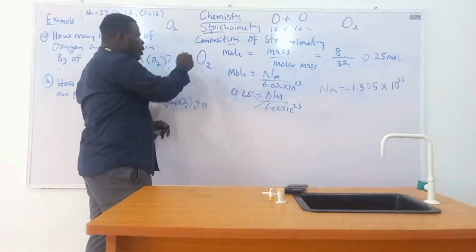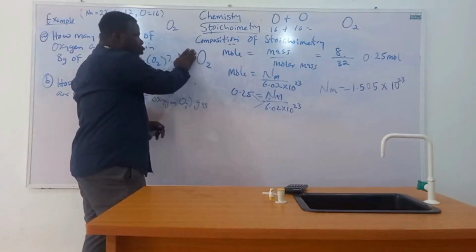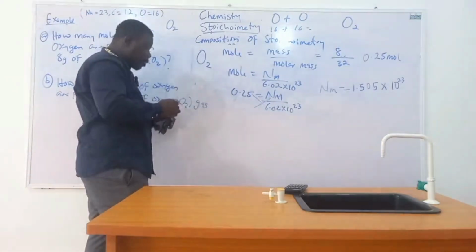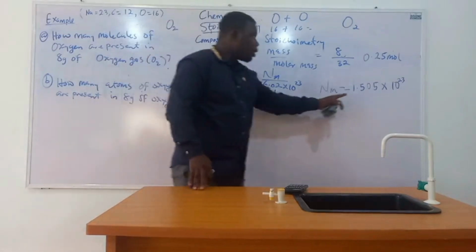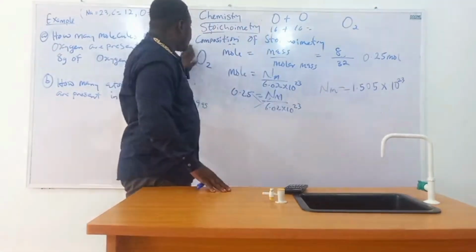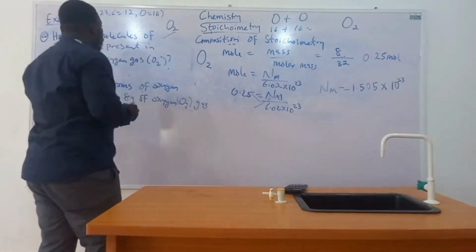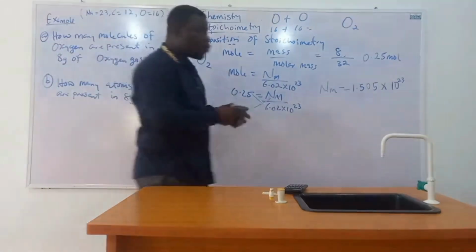Mole. Now, for this case, what is standing here is 1. So we write it out as this. Okay. So moving forward, we've done A. Let's solve for B.